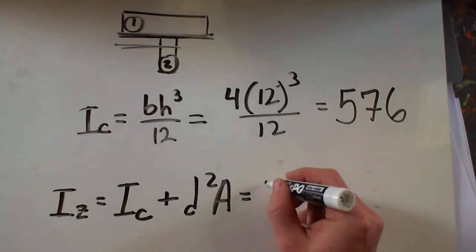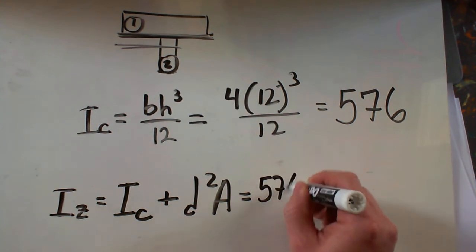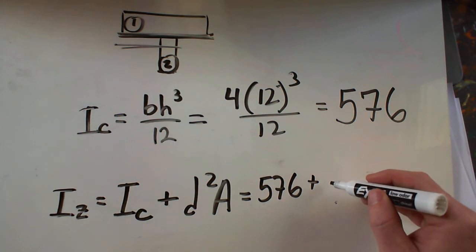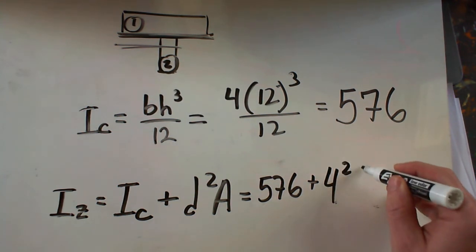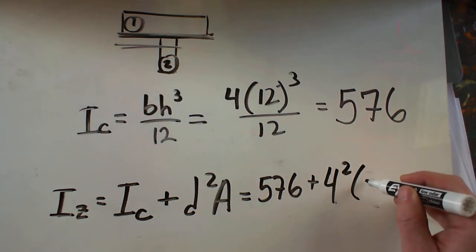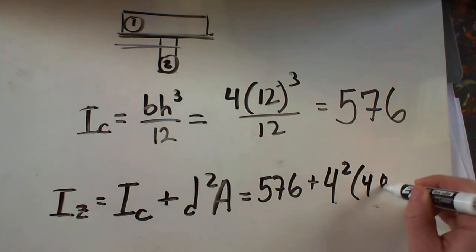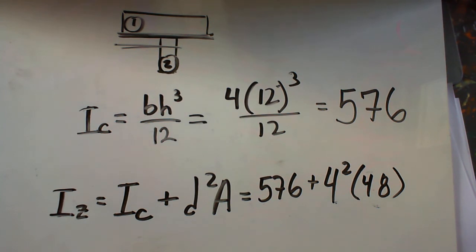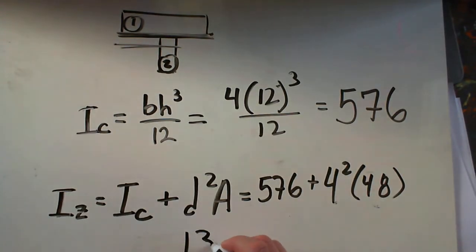So down here, my I sub C is 576 plus D squared. My distance is still 4 squared. The area is still going to be 48. So I take 576 plus 4 squared times 48, and that gives me 1,344.